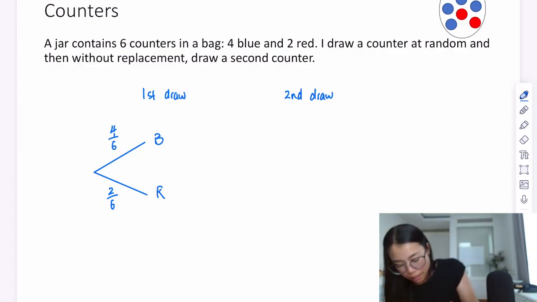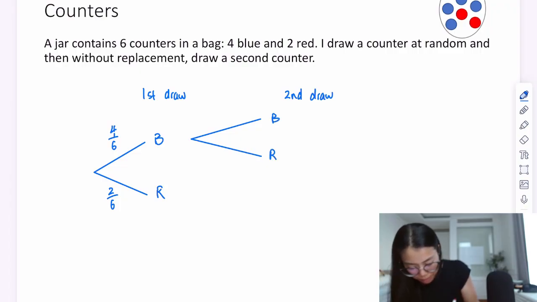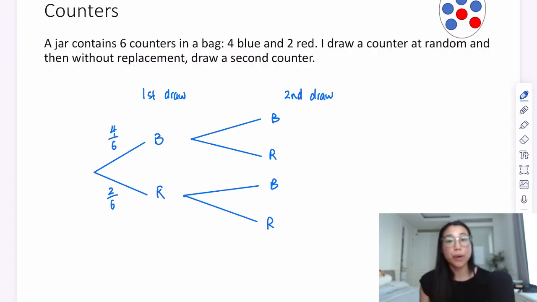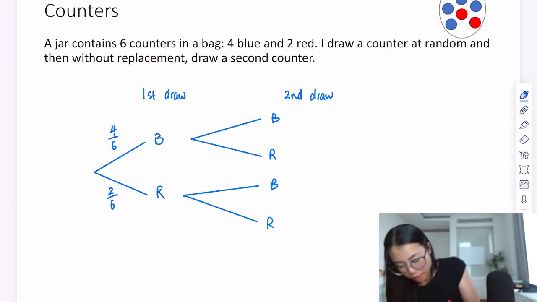Now, if you were to then draw a second counter, again, your possible outcomes are blue and red. But this time, all our denominators are going to change to 5 because you've already drawn one counter.